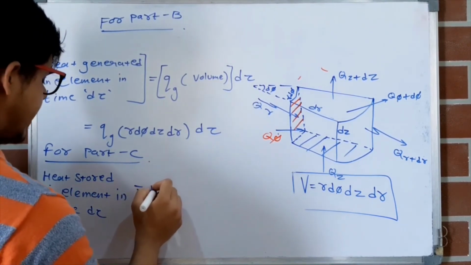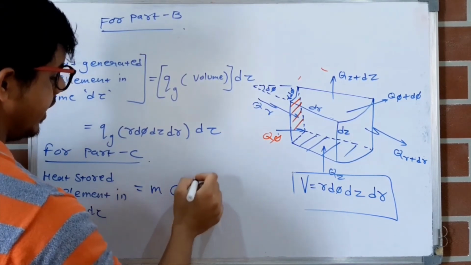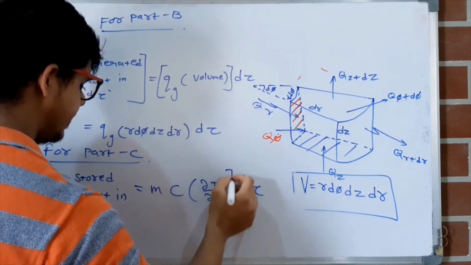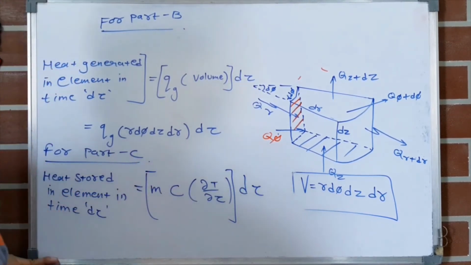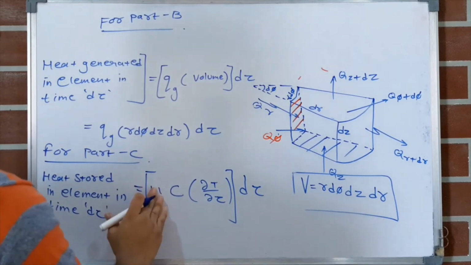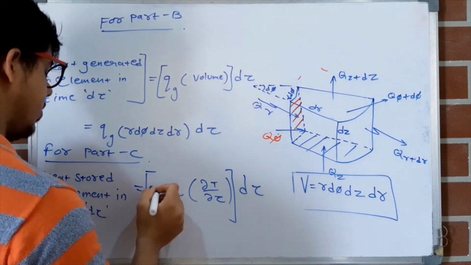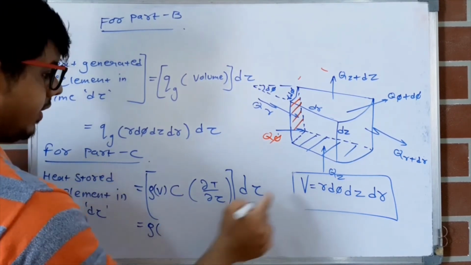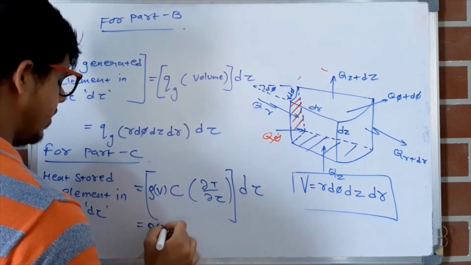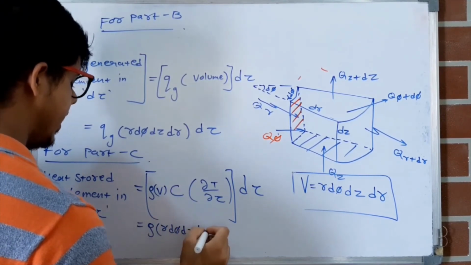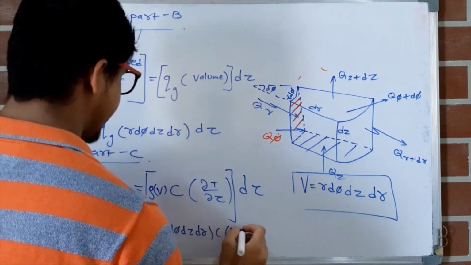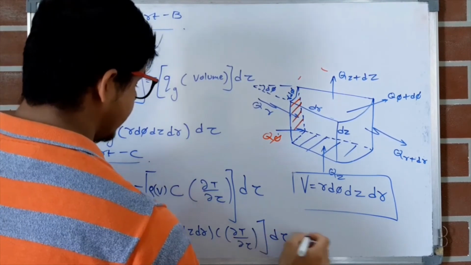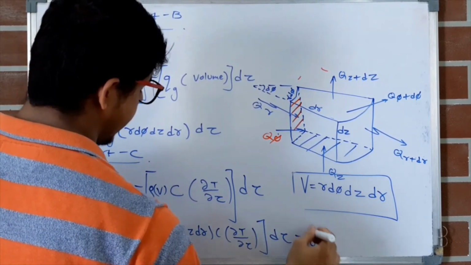So it is mc delta t. mc into delta t will be del T by del tau into d tau, because we are finding in time interval d tau. Mass will be density into volume. The volume is R d phi dz dr, into C into del T by del tau into d tau. This equation is equation 6 or 7 or 8.